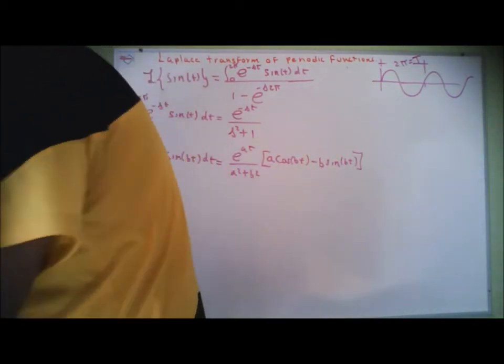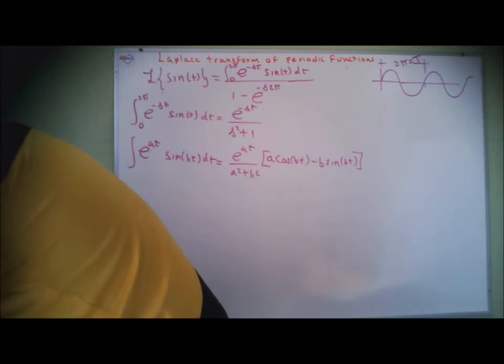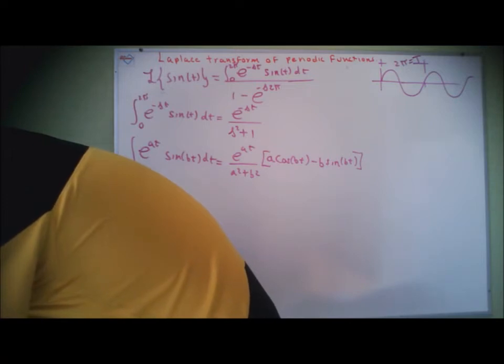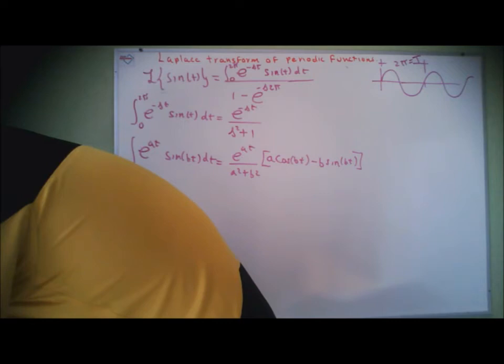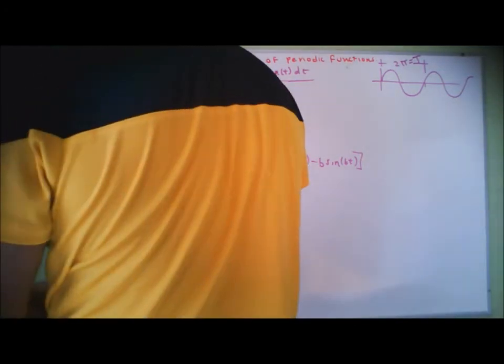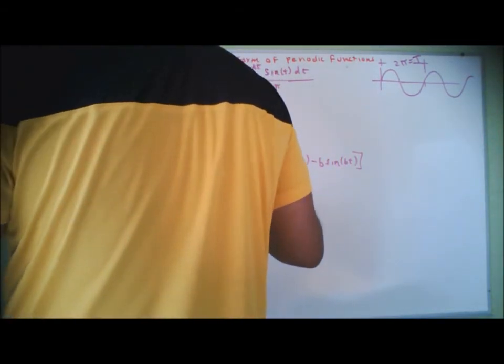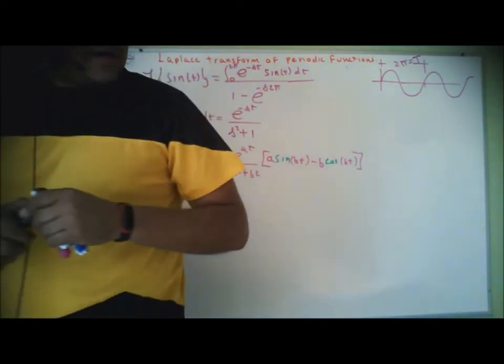Let me check this formula very quickly. Okay, here it is a sine of bt minus b cosine of bt, sorry. I'm using this formula.